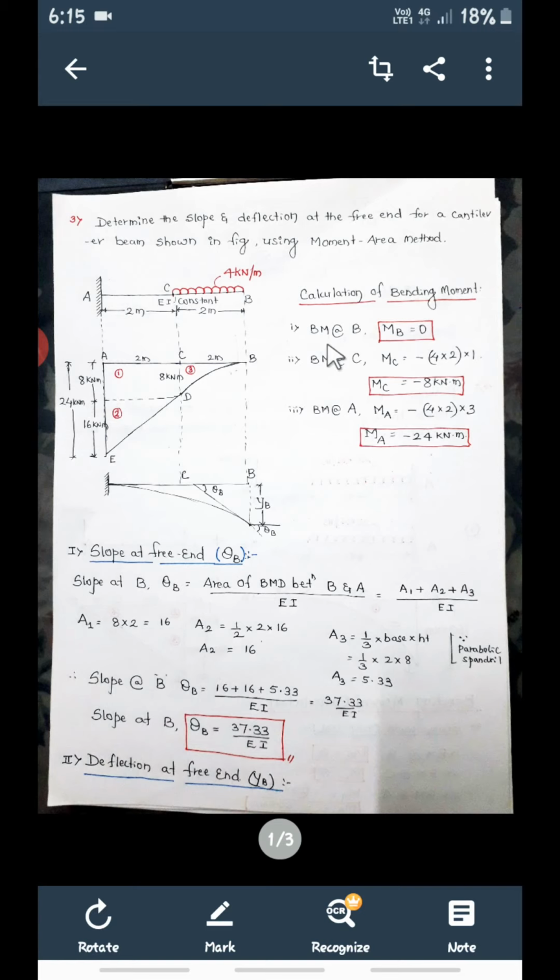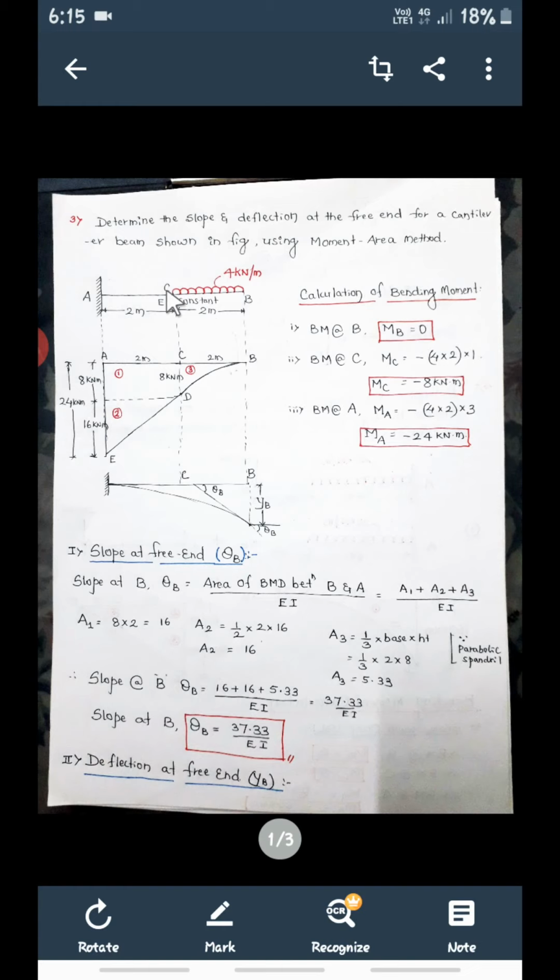Now see here, bending moment at B is 0, so MB is 0. Then the bending moment at C: take this UDL, 4 into 2. It becomes an 8 point load, and the perpendicular distance of this point load from C is half of this one.